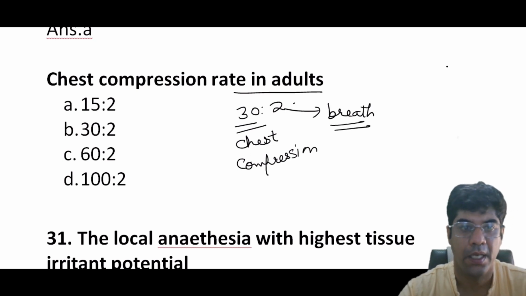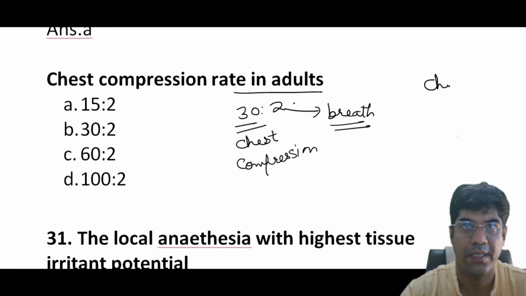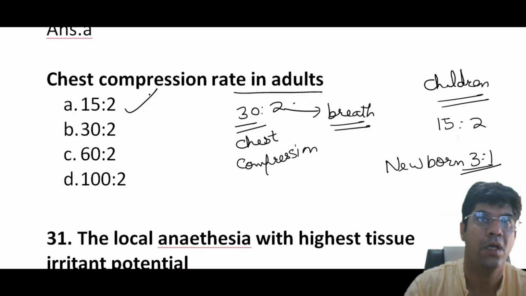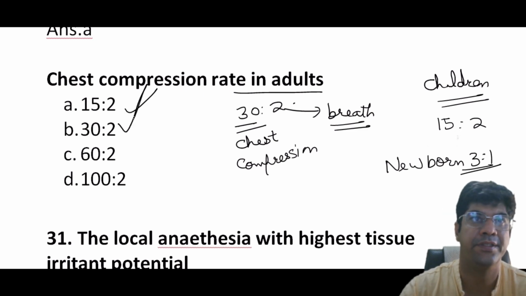Remember, in children this ratio is 15:2, used when there are 2 rescuers. In a newborn, the ratio is 3:1. So the answer is 30:2.